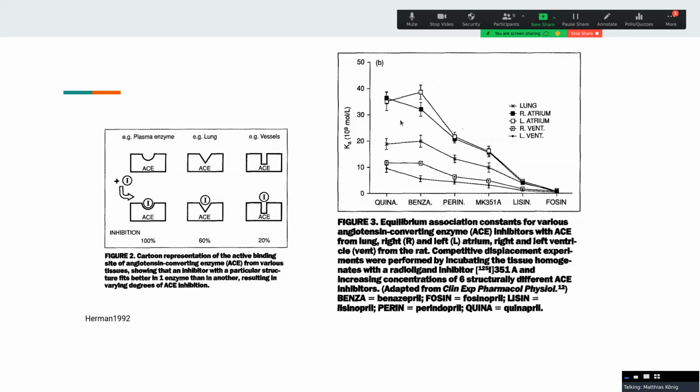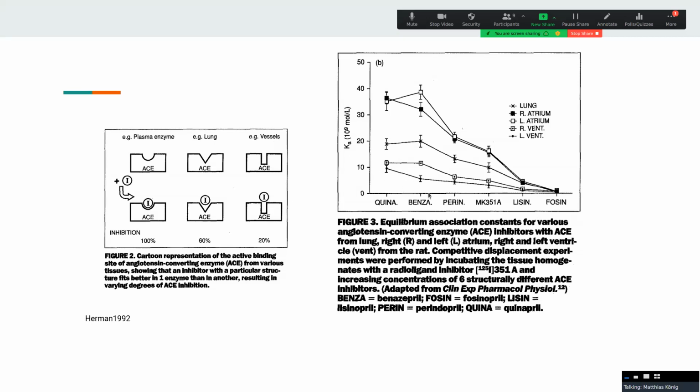You can see this Ka, basically the equilibrium association constant. For practical reasons, it's this potency constant: the lower the value, the larger the potency. It means basically the value where you have the half-maximal effect.